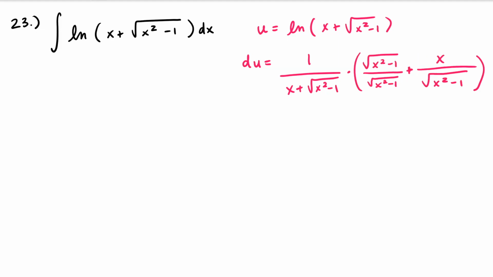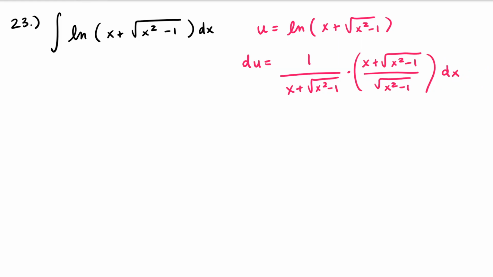So now that I've changed that 1 by multiplying by the square root of x squared minus 1 in both the numerator and the denominator, notice that inside the parentheses, these two fractions have the same denominator, so I can also combine that into a single fraction. And if I do that, I also need to put dx at the end, so let me go ahead and combine those two fractions.